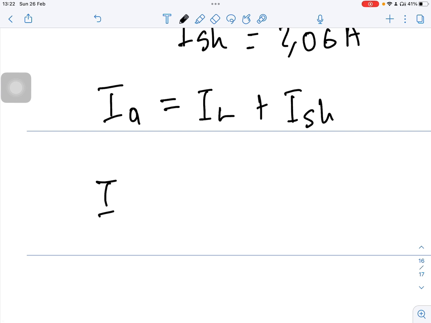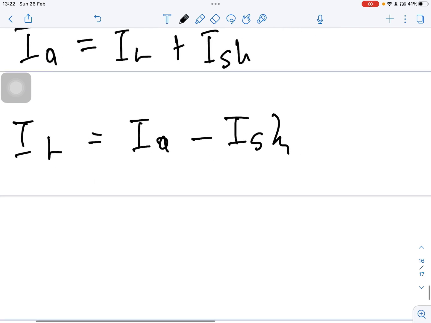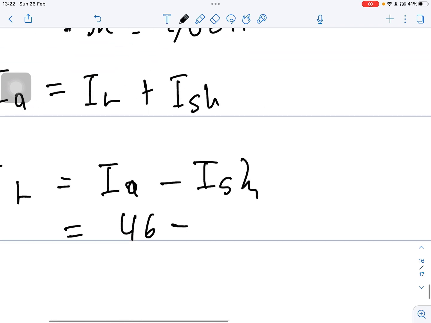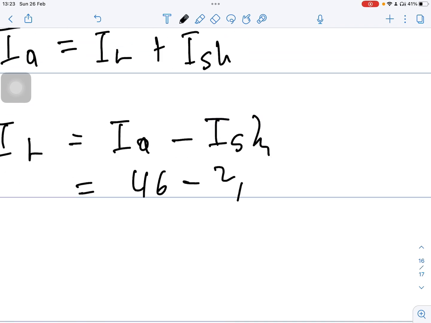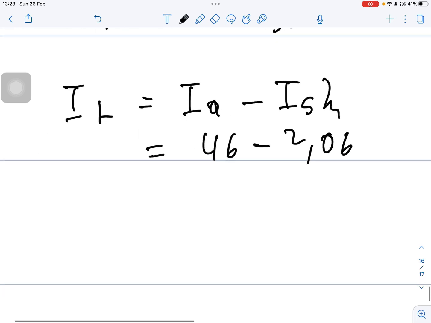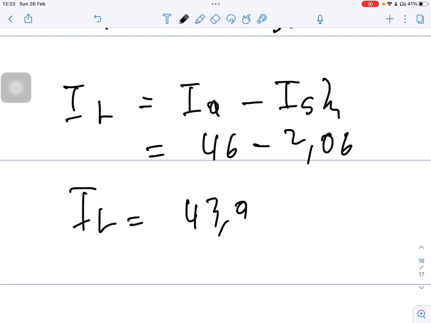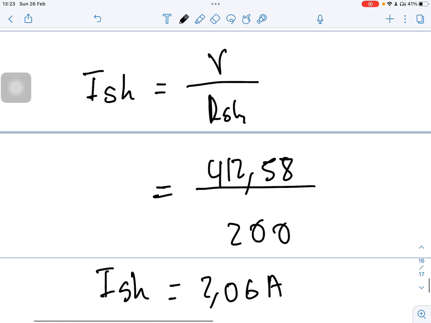Then that means I load is equals to I armature minus I shunt, which is I armature of 46 minus I shunt, then I load would be 46 minus 2.06, which is 43.94 amps.